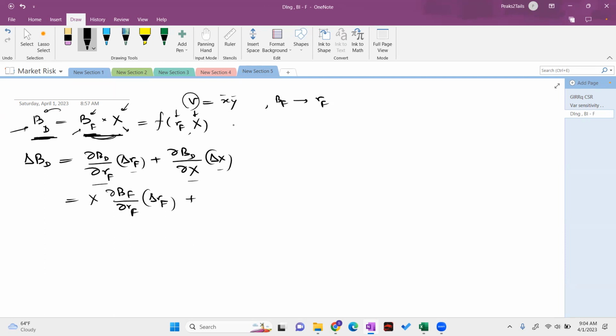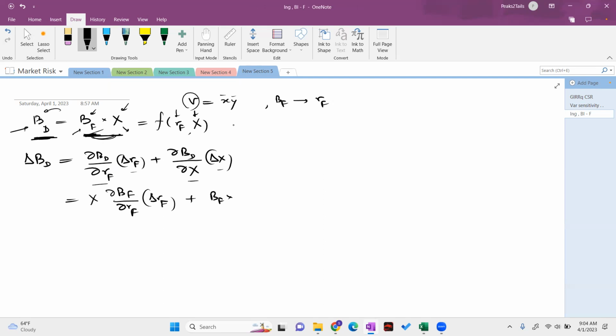Plus, now I'm taking partial derivative with respect to X. So this will be constant, right? BF is constant because BF does not depend on X. BF purely depends on RF. RF is held constant in the second term.